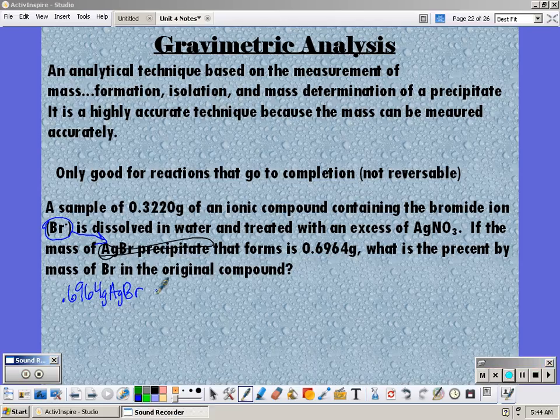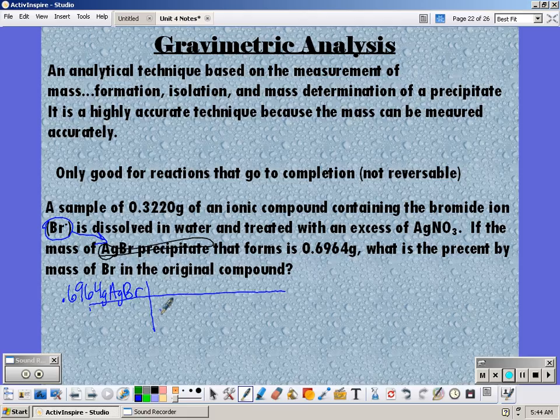So we have grams of silver bromide. We're going to convert it to moles of silver bromide. So the molar mass is 187.8 grams, and that is 1 mole. For every 1 silver bromide, we have 1 bromine.